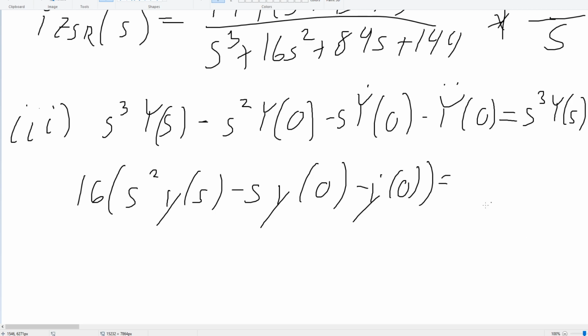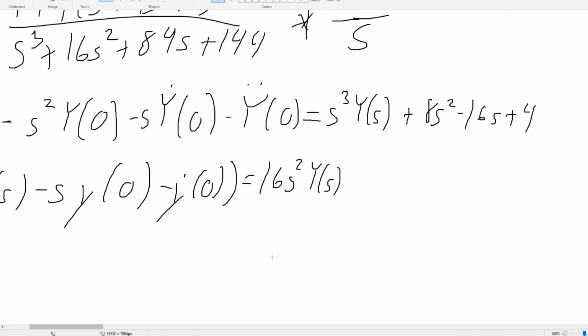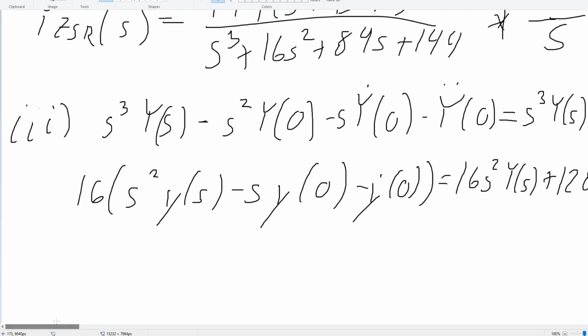That will become 16s squared ys plus 128s minus 256. Alright? And we're just going to keep going down the line.